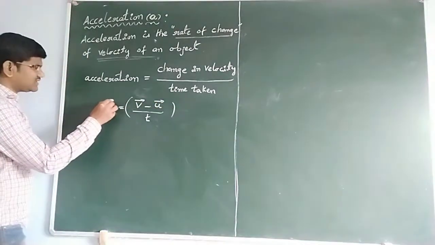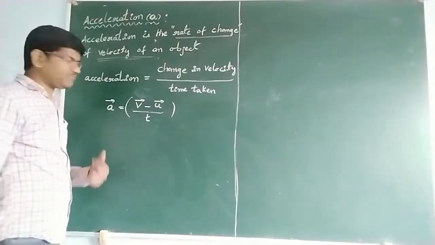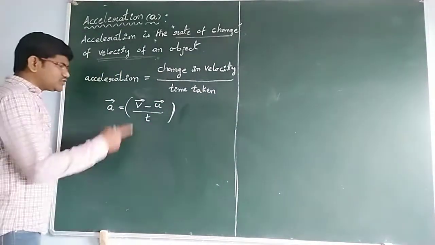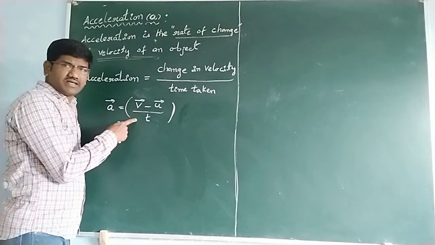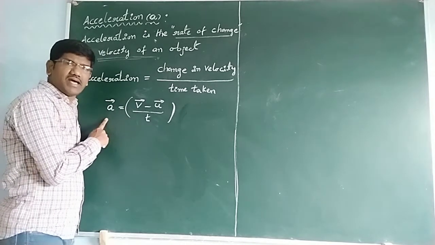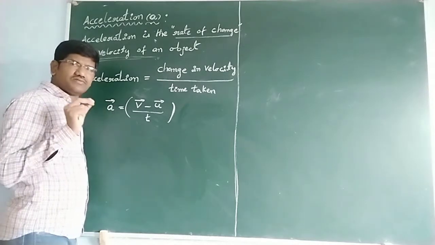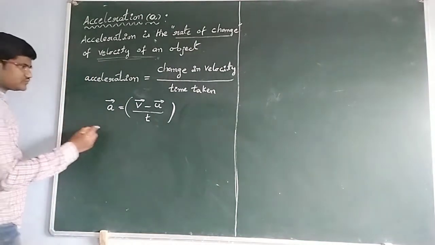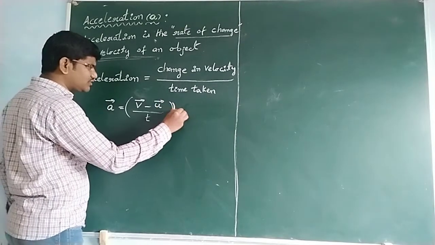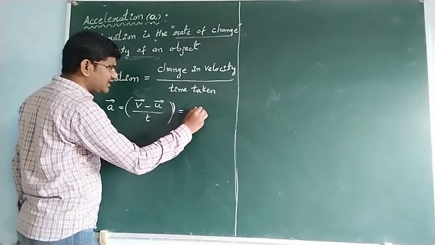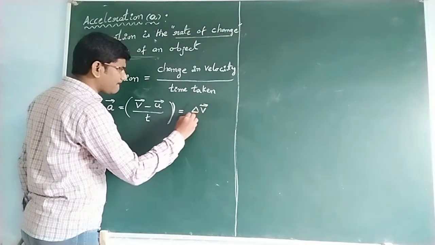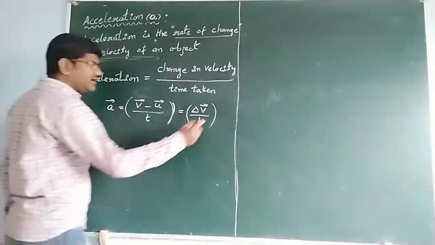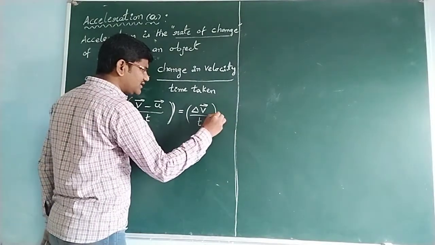And this acceleration is a vector quantity, since change in velocity is a vector, and a vector divided by a scalar again gives a vector. So acceleration is a vector physical quantity. Change in velocity, I can denote by delta v bar also, divided by t.